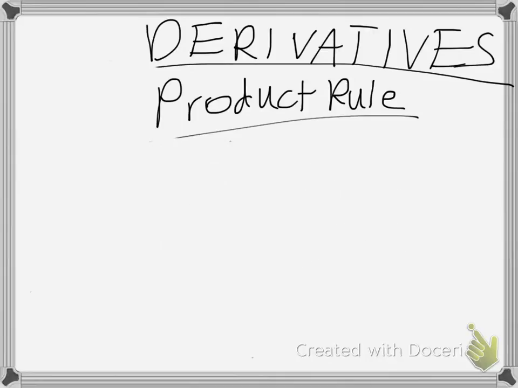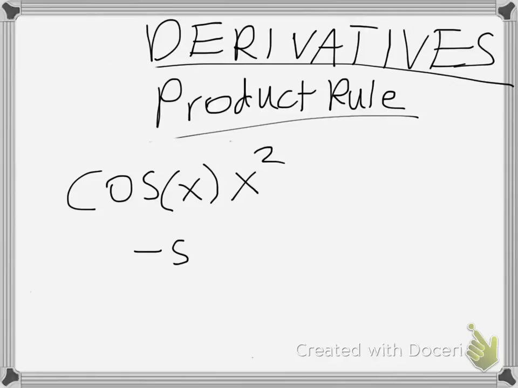I'm going to do one example of this. Let's say we have cosine of x times x squared, and we want to find the derivative. The product rule says it's the derivative of the first function, cosine of x, which is negative sine of x, as we went over in the rules before. Then we multiply that by the second function.